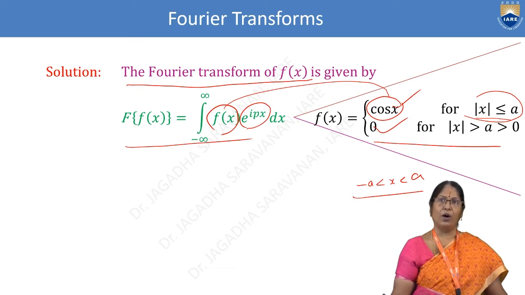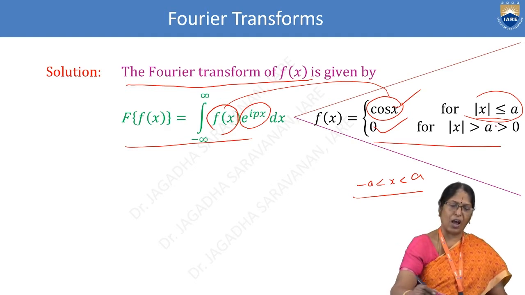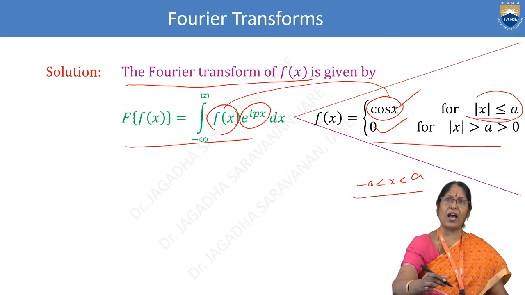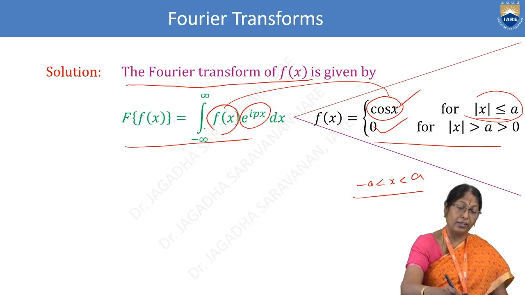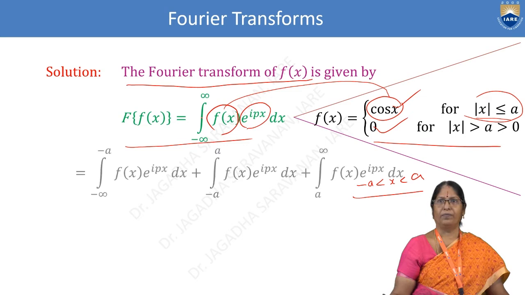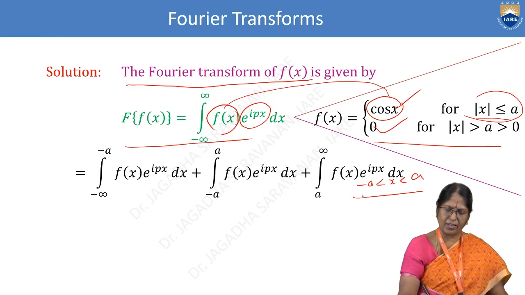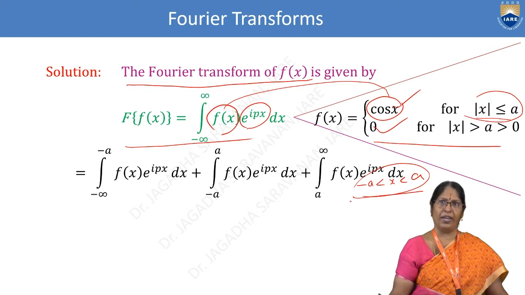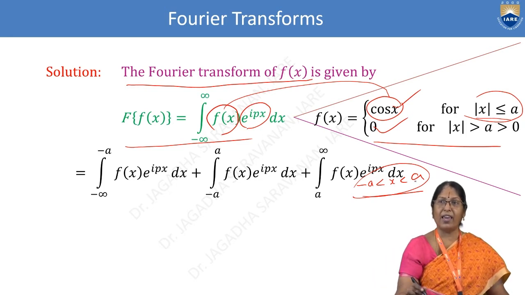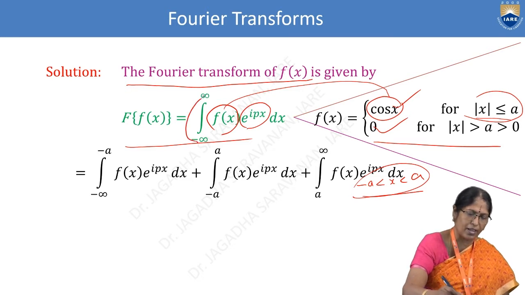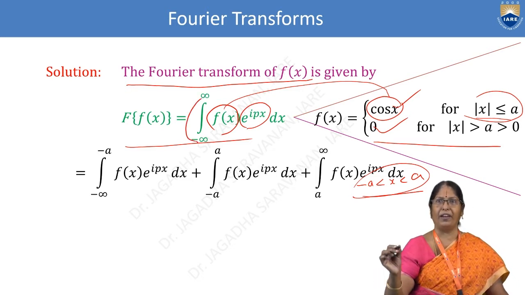So according to our problem condition, we have to modify the integral and bring some changes. Mod x less than or equal to a means x lies between minus a to a. Keeping this in mind, we have to insert minus a and a between minus infinity and infinity.